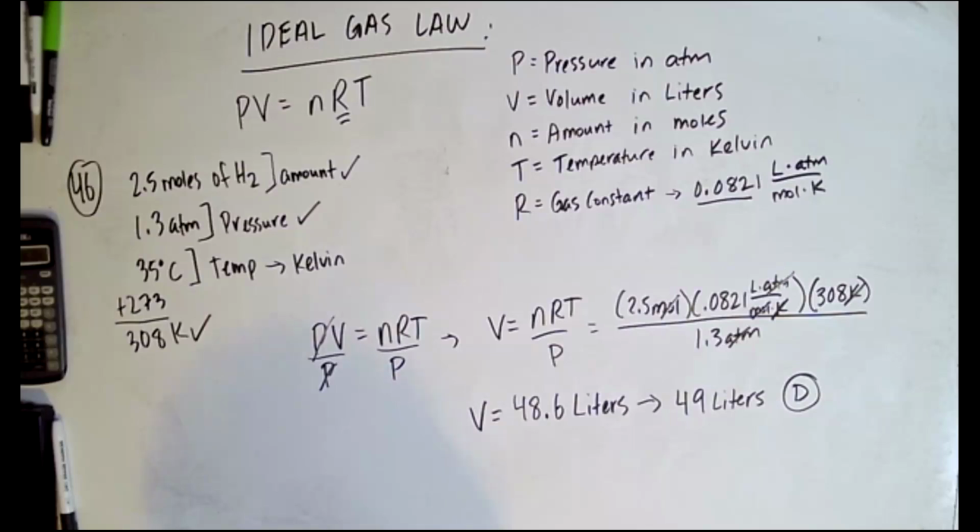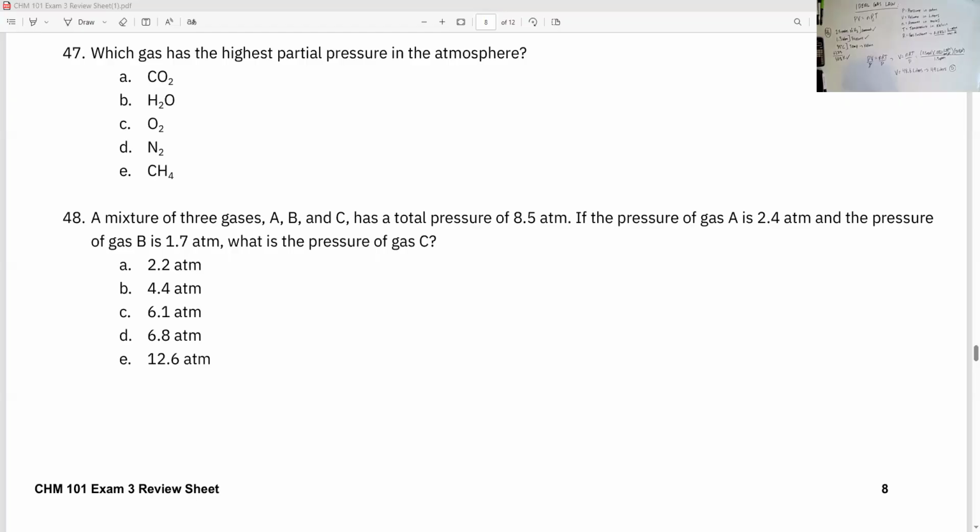Let's look at the next two questions. We're going to move a little bit into the partial pressure section now. First question here asks, which gas has the highest partial pressure in the atmosphere?